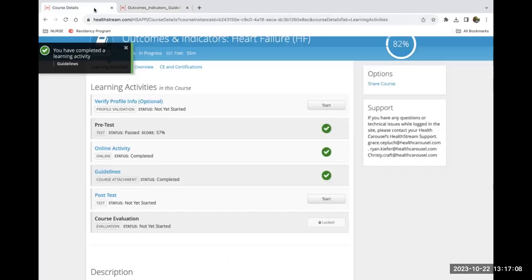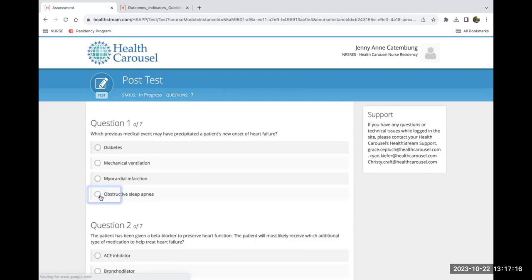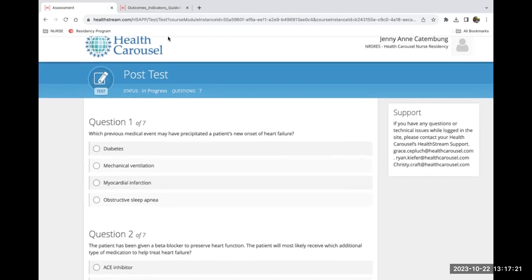All right, that's it. Let's answer. I have to get 6 out of 7 questions. Which previous medical event may have precipitated a patient's new onset of heart failure?